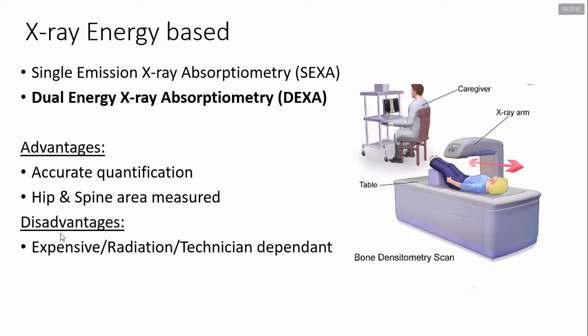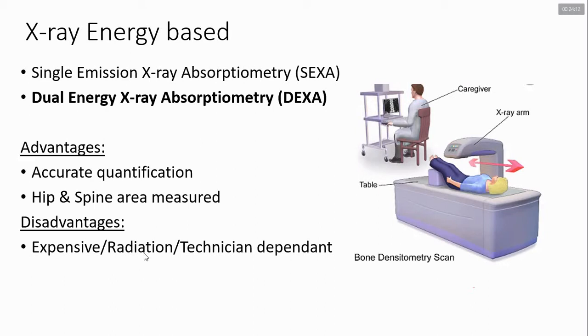But the disadvantage is that it is an expensive machine. It's quite bulky, so you cannot move it from place to place, and the portability is lost. It has to be done by a technician, so it is not dependent on the doctor or clinician. You cannot do that yourself, so you have to rely on somebody.